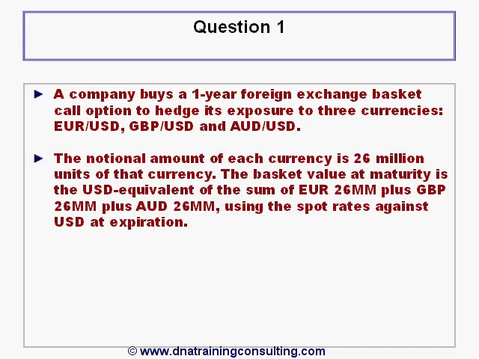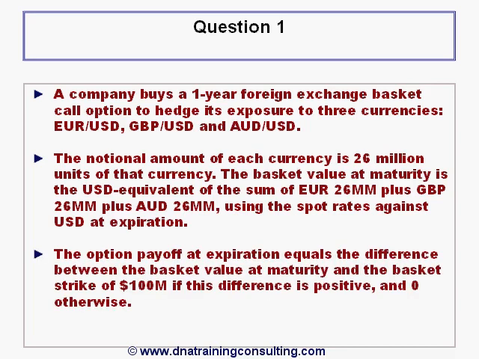The notional amount of each currency is 26 million units of that currency. The basket value at maturity is the US dollar equivalent of the sum of 26 million euros plus 26 million sterling plus 26 million Aussie, using the spot rates against US dollar at expiration.